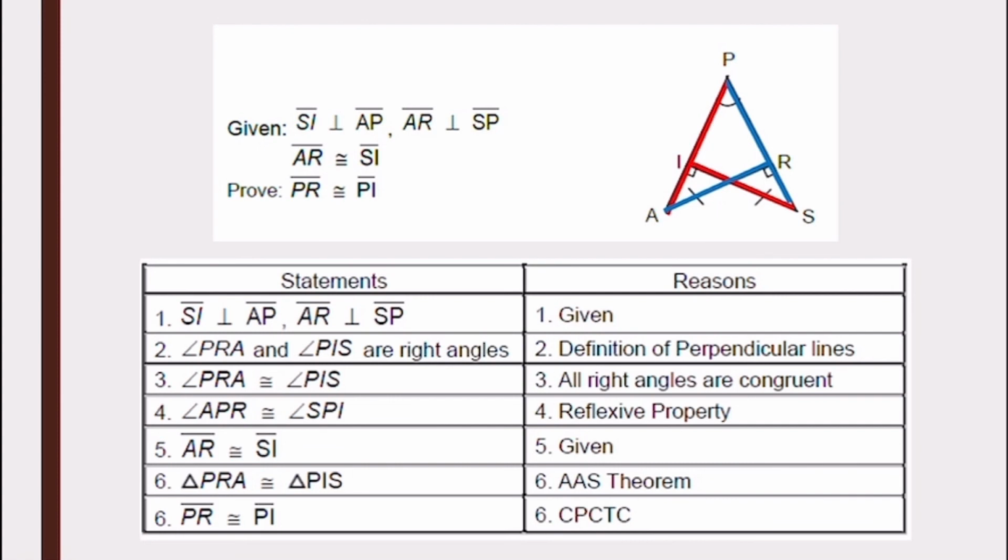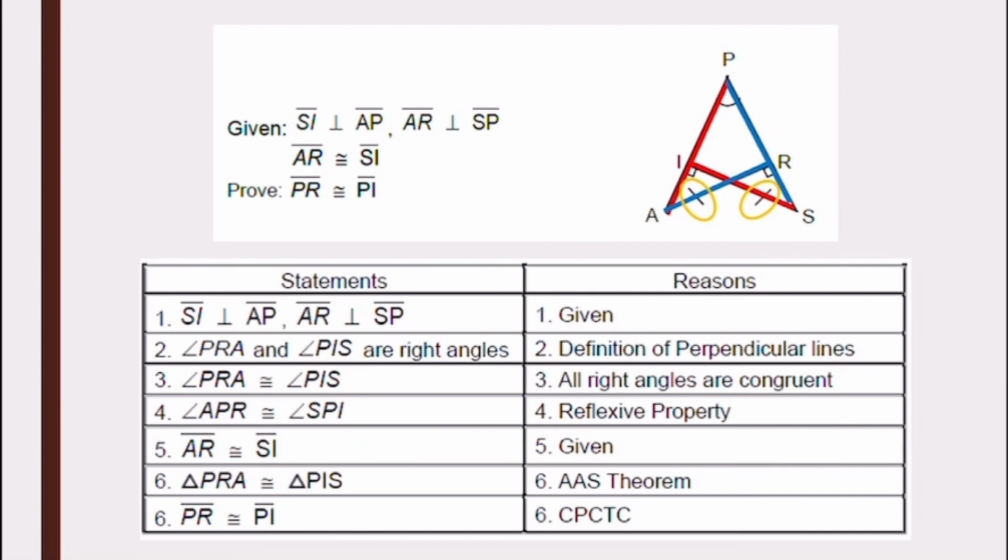The common angle from both triangles can be proved as angle APR is congruent to angle SPI by reflexive property of congruence. And the non-included sides here are the line segment AR and line segment SI, and they are congruent.